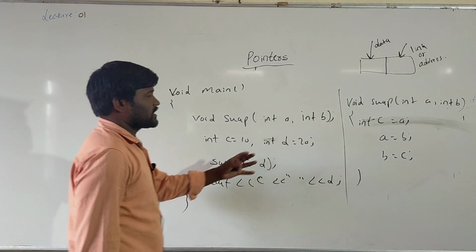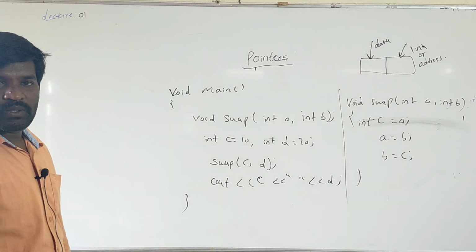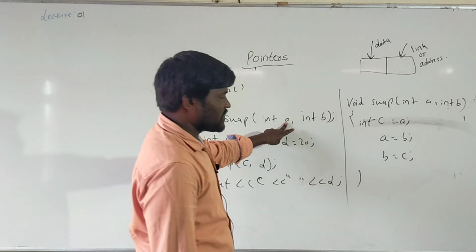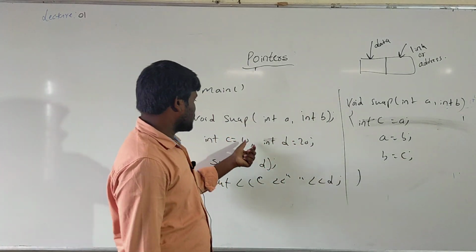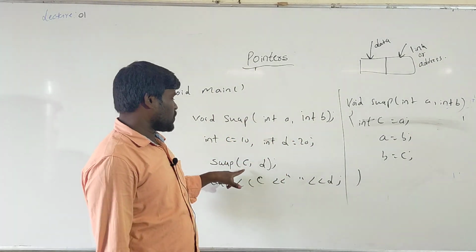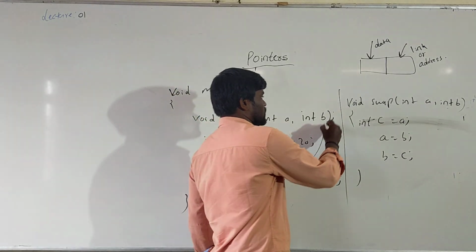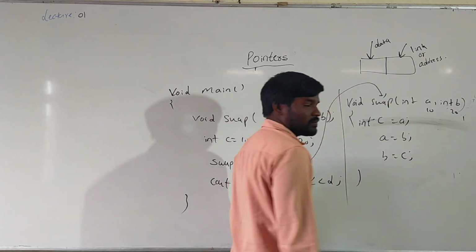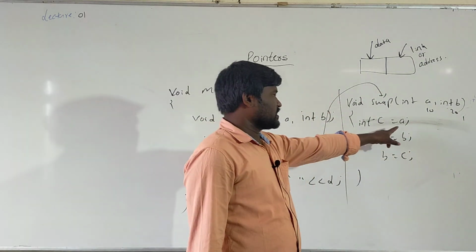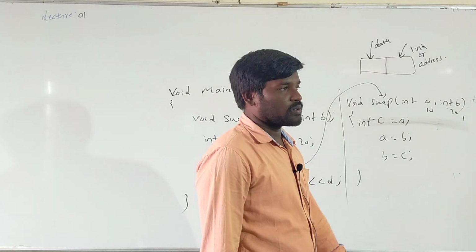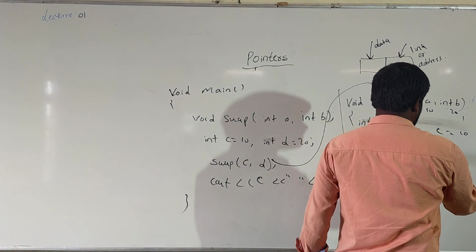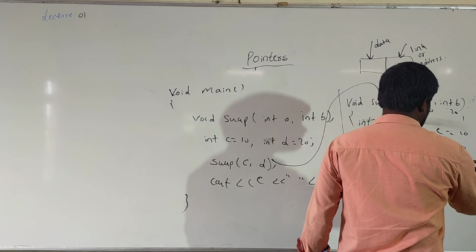So this is the example for swapping of two numbers. See here, two arguments are there, A and B. I declare 10 and 20. Swap of 10, 20 means it will call the swap function. So 10 is stored in A and 20 is stored in B. Here C is equal to A, A is equal to B, B is equal to C, that is C is equal to 10, A is equal to 20 and B is equal to 10.